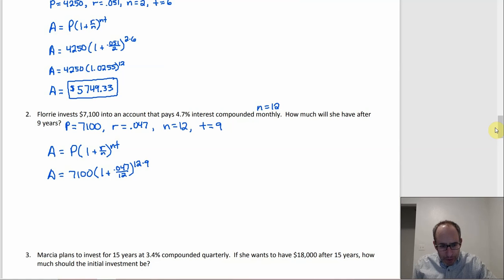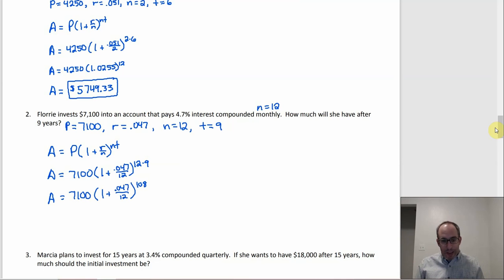So if we're still going to try to avoid rounding off intermediate steps, we're going to have to take an extra precaution this time. So I'm not even going to simplify this. What I would do, putting it into a calculator, is just put in the 1 plus 0.047 over 12 first.